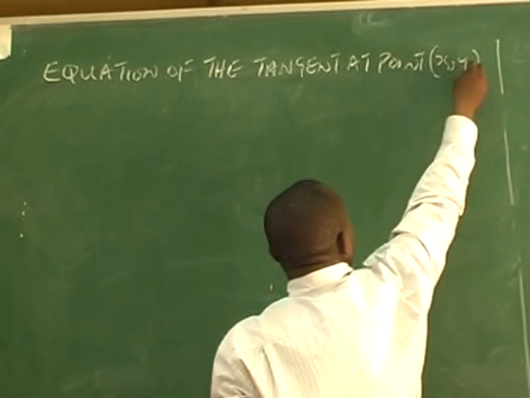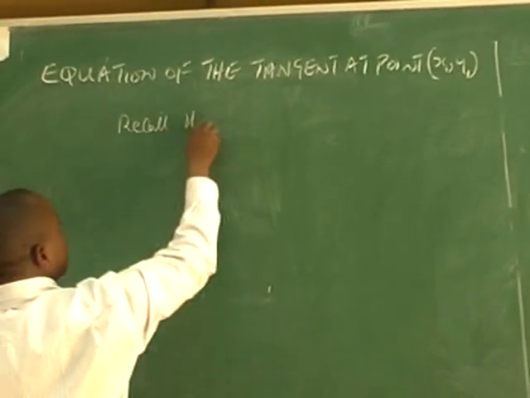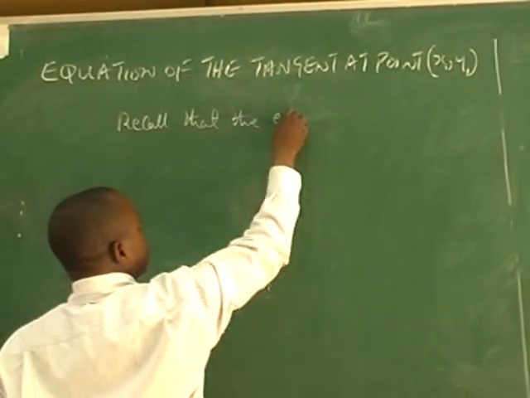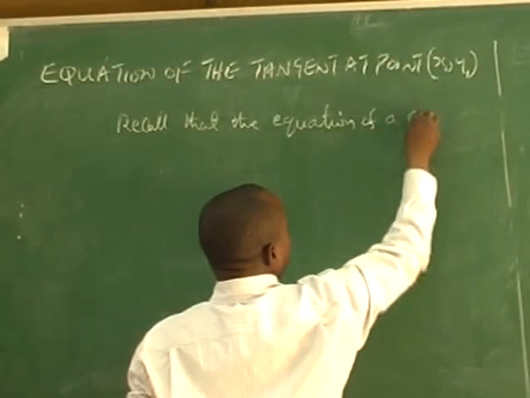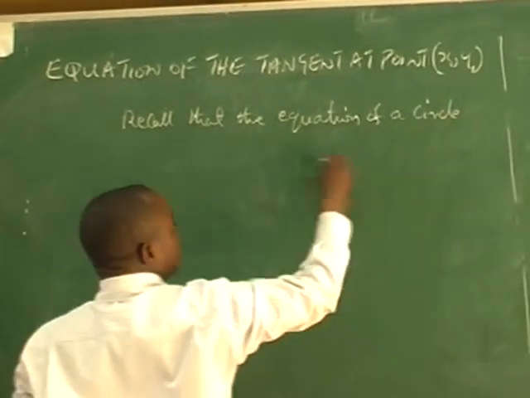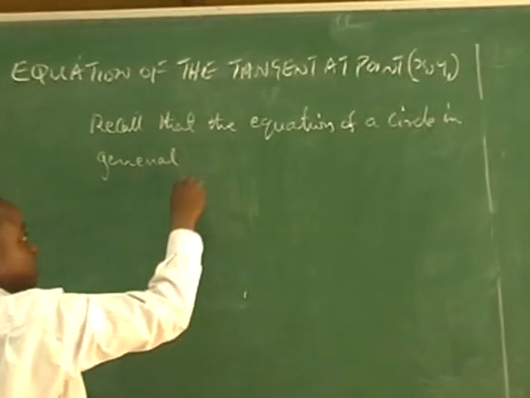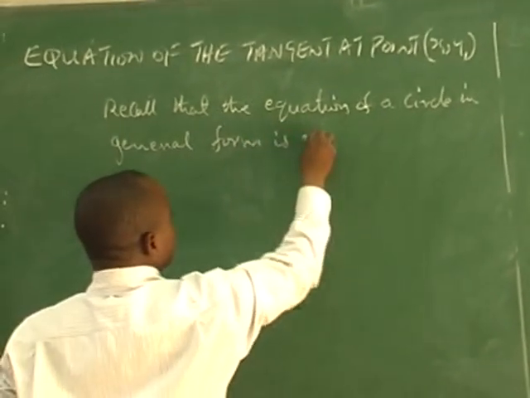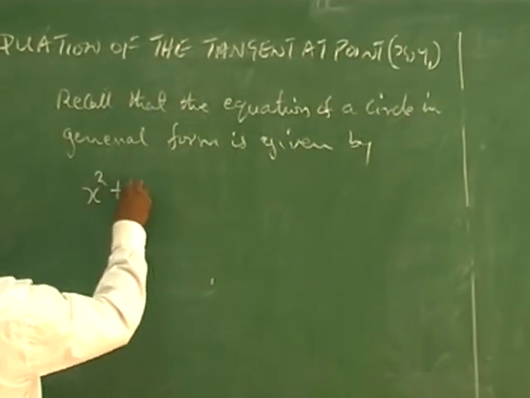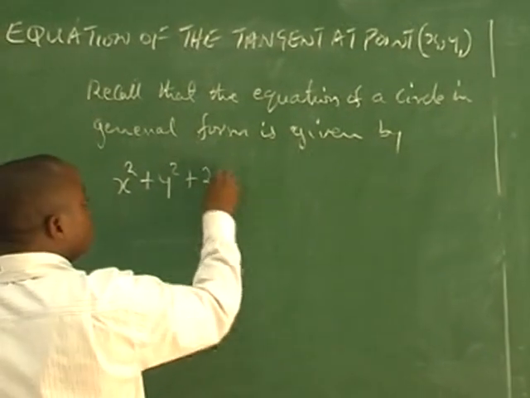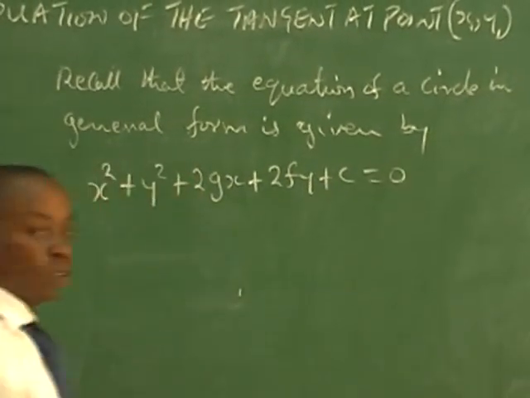Now, we recall that the equation of the circle in the general form is given by x squared plus y squared plus 2gx plus 2fy plus c equals 0.